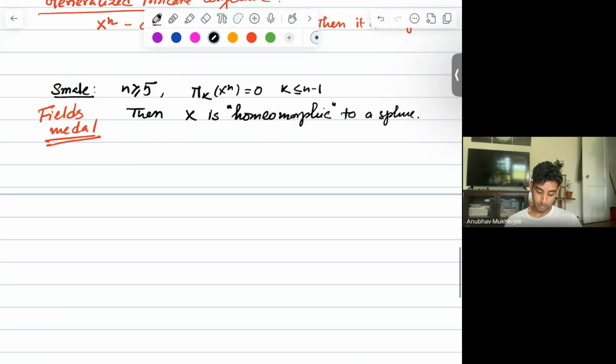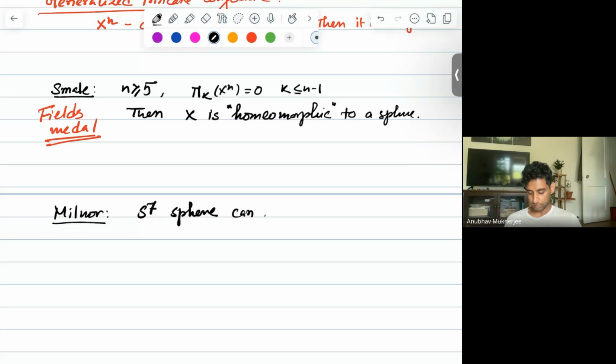John Milnor came, and he showed that the 7-dimensional sphere can have 28 different smooth structures.